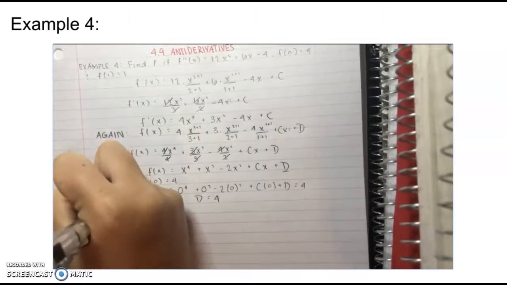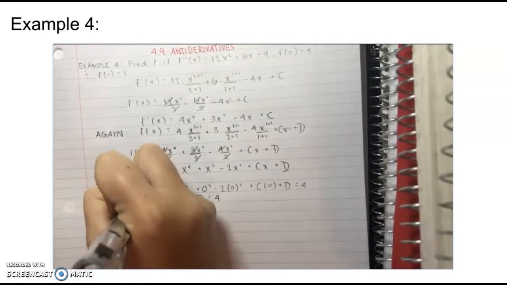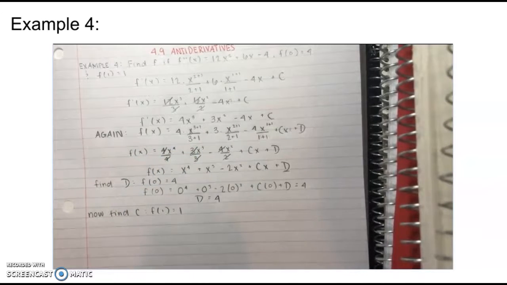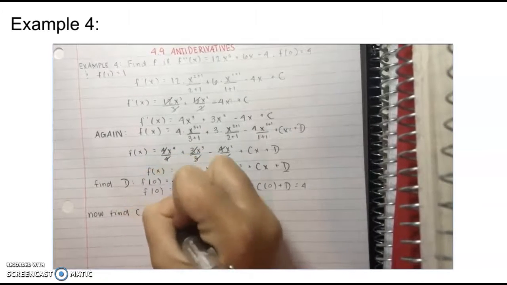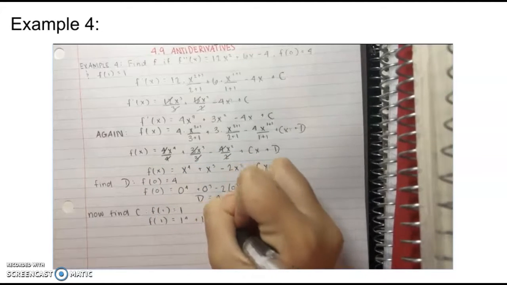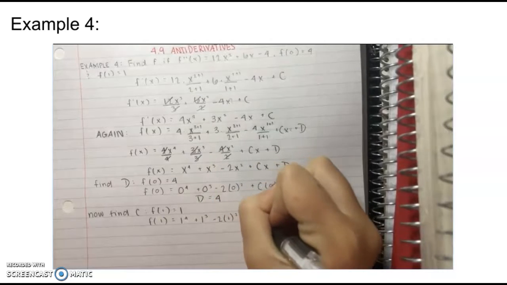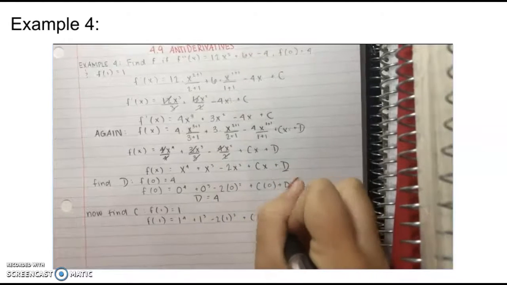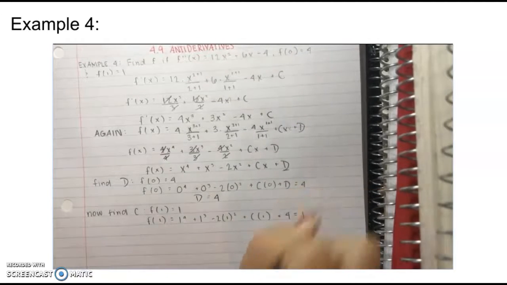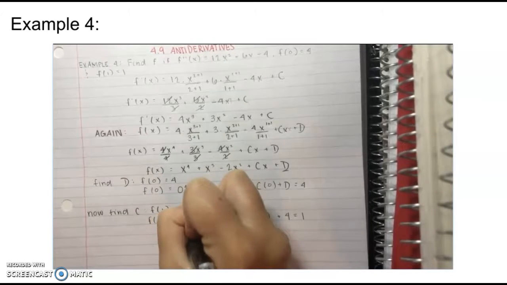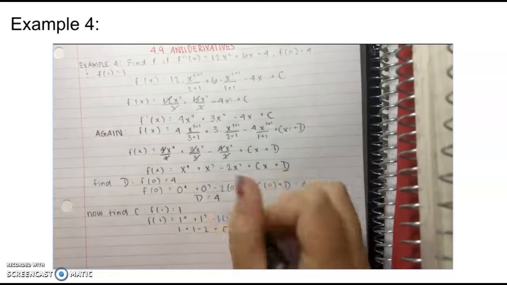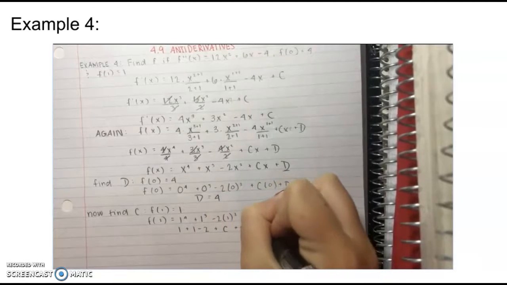Now, we want to find c. And to do this, we'll use the second one that we were given. If we plug that in, 1 equals 1 to the 4th plus 1 to the 3rd minus 2 times 1 squared plus c times 1 plus 4, since now we have to plug that in, and then we set it equal to 1. This gives us 1 plus 1 minus 2 plus c plus 4 equals 1.